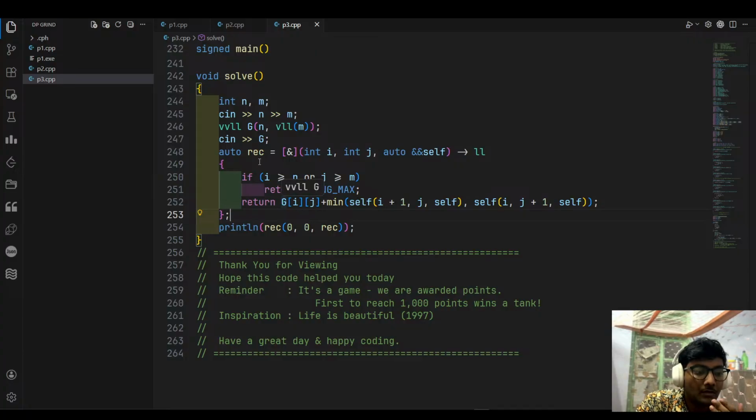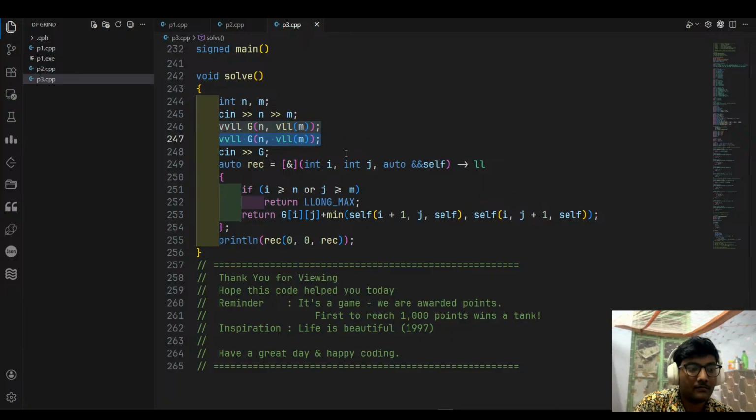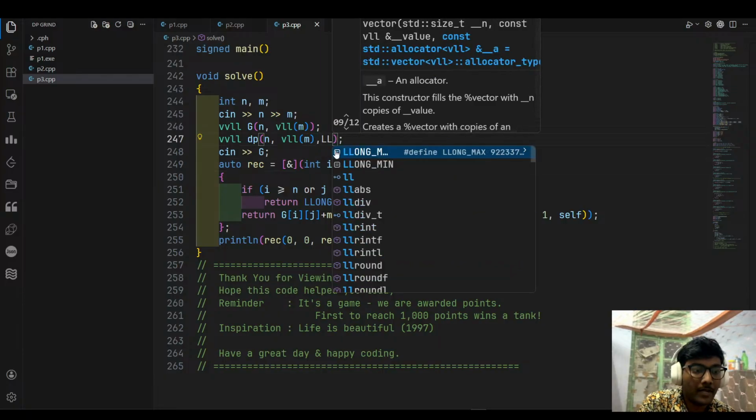So how can we memoize? We can just define a 2D grid, so dp. Of course, we can initialize everything as long max.